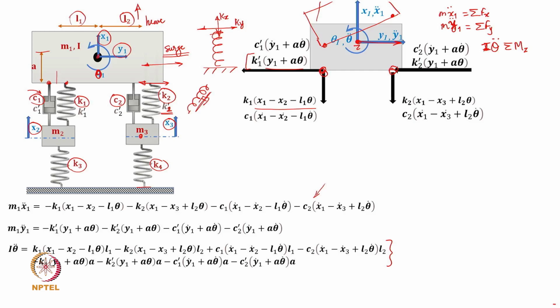On similar lines, you can also look at the motion of this free body or chassis in the y direction. So, y1 double dash will be the summation of all horizontal forces acting on the mass. If you do that, this is the equation you get.